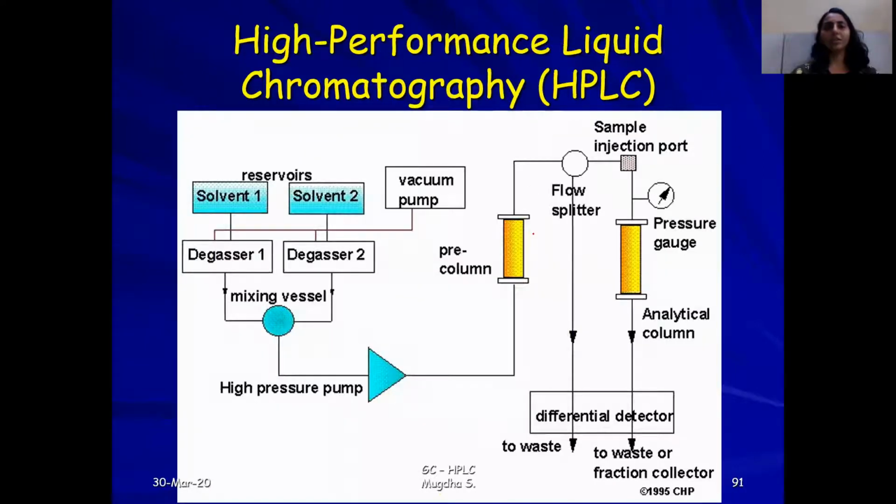Here you can see a block diagram for the HPLC. You have the analytical column through which the sample is going to pass. Since it is performed at high pressures, it gives better performance compared to normal liquid chromatography, hence it is named high performance liquid chromatography. The rest, nothing changes.